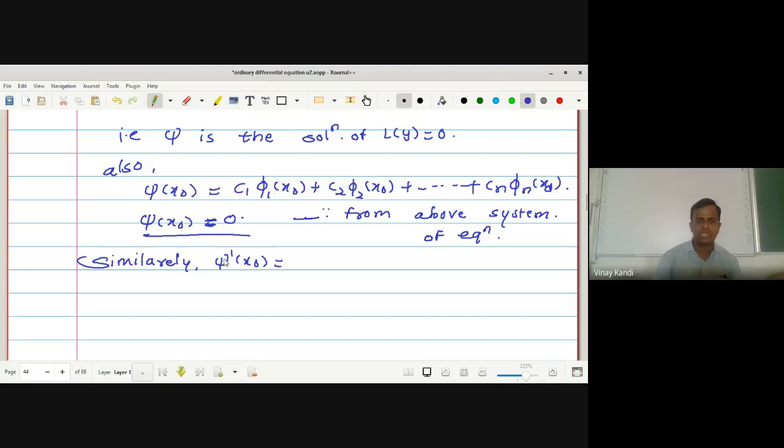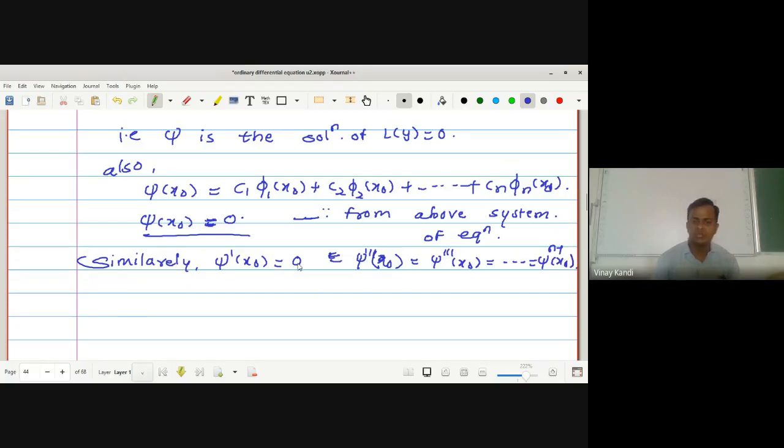So here we get psi dash of x naught is equal to 0, which is equal to psi double dash of x naught. Okay, psi double dash of x naught is equal to 0, and so on up to psi triple dash of x naught, which is equal to 0, up to psi raised to n minus 1 of x naught.